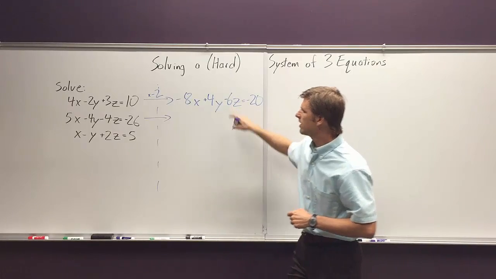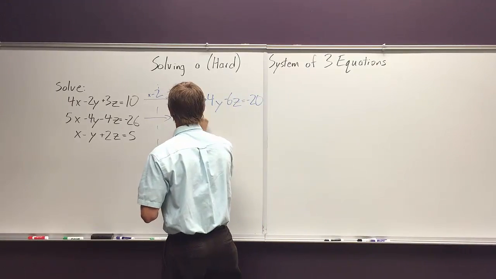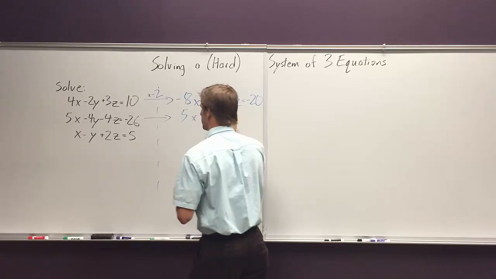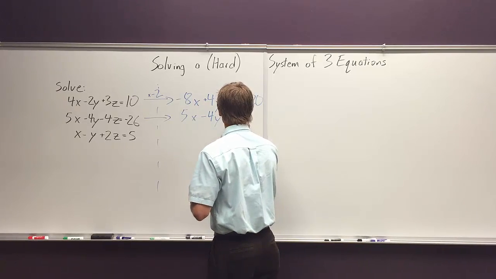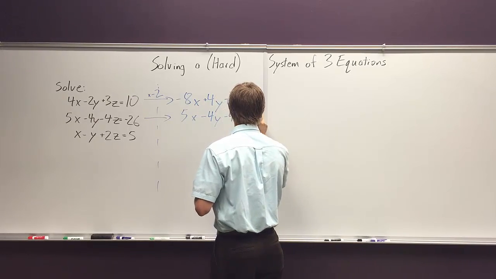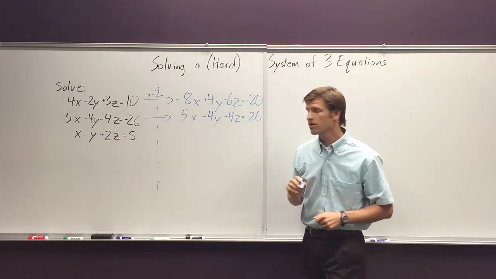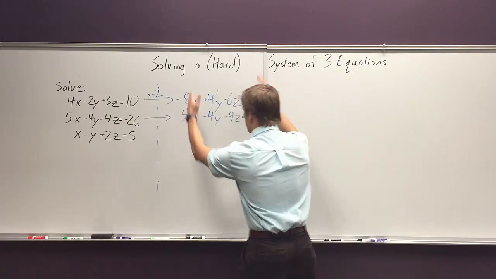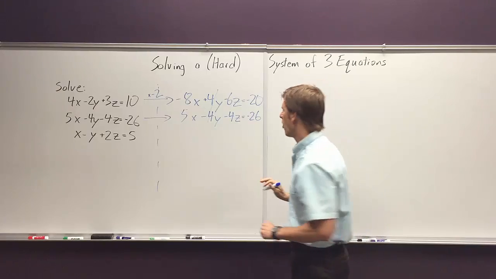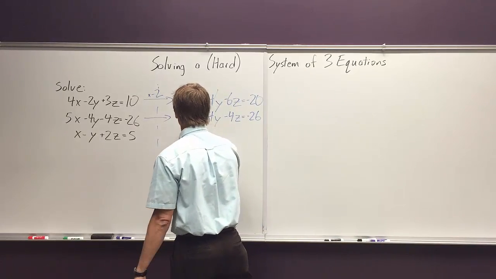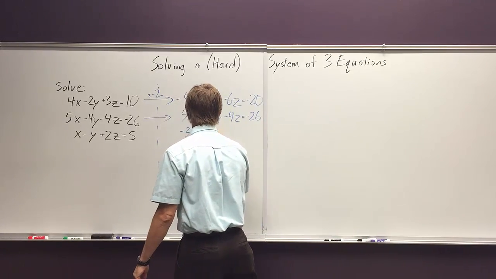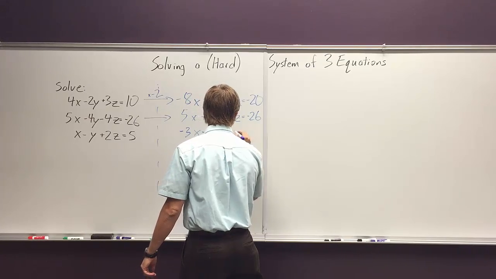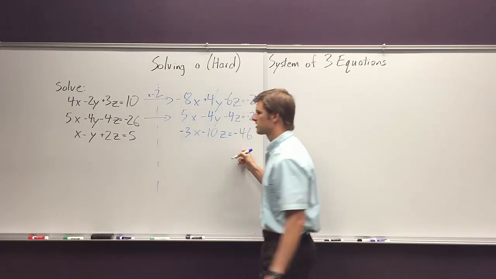Okay, well, now that's going to cancel the y values. That's a good thing, right? So this column, I'm going to try and get rid of all the y values. I've got -3x minus 10z equals -46.